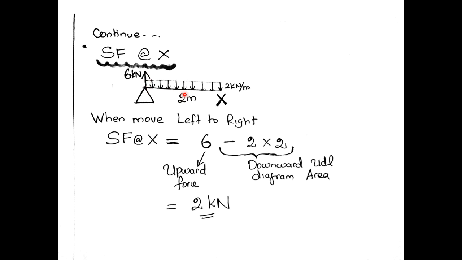This area, 2 into 2, minus, because it is downward. Therefore 2 kilonewton. Shear force at X is equal to 2 kilonewton.